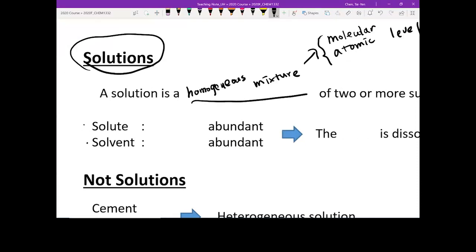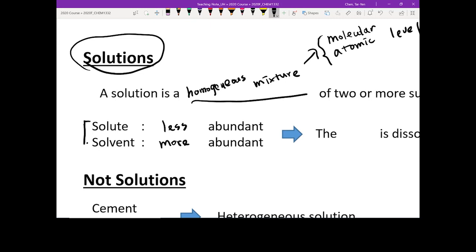A solution has two components. One is called solute, the other one is called solvent. The solute is the less abundant species inside the solution, and the solvent is the more abundant species inside the solution.